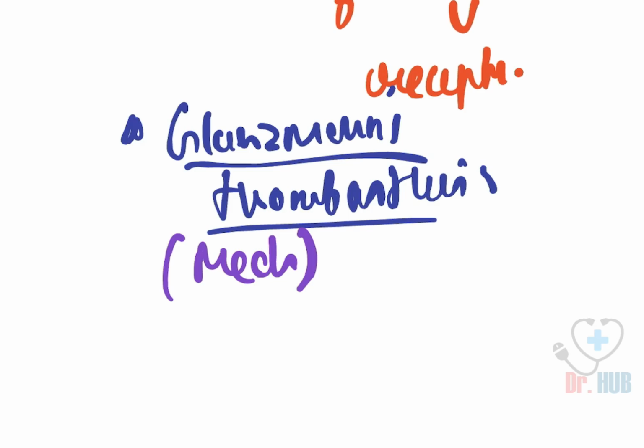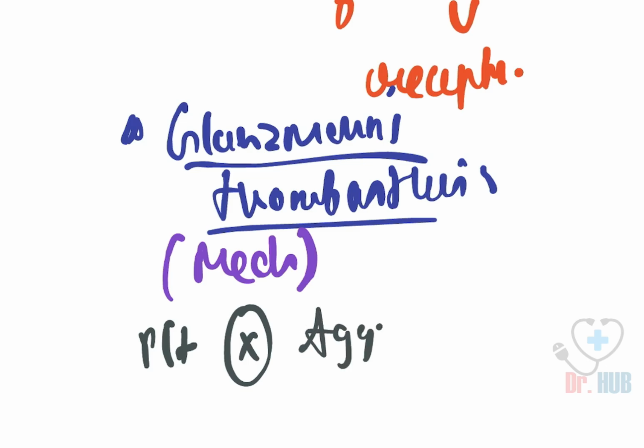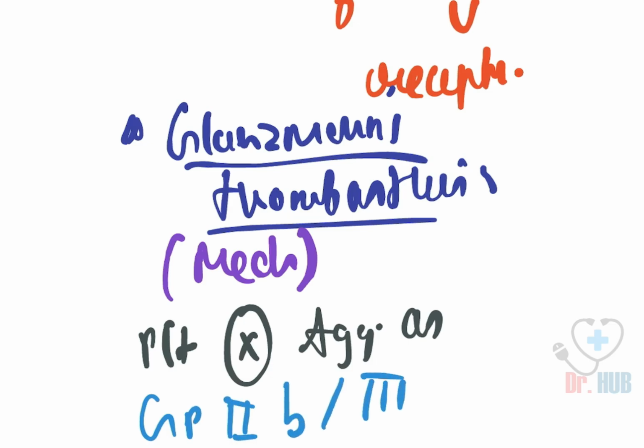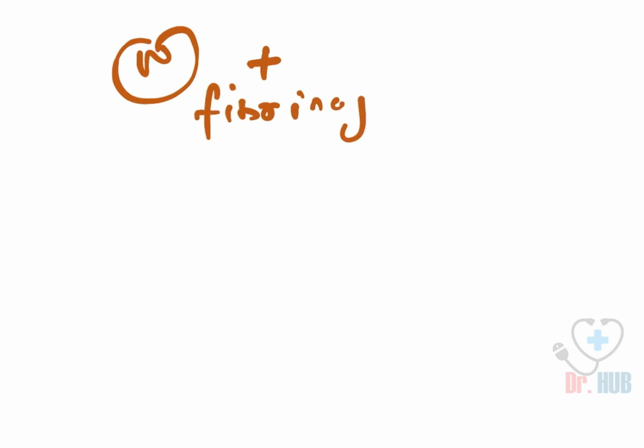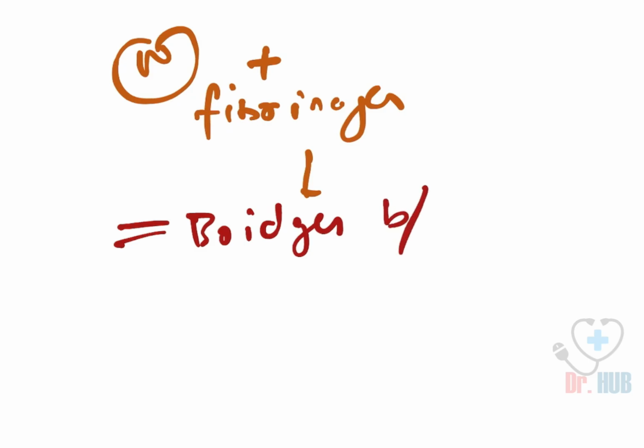Here the mechanism was that the platelets cannot aggregate, as the GP2B as well as the 3A normally bind to the fibrinogen, and it forms bridges between the platelets.